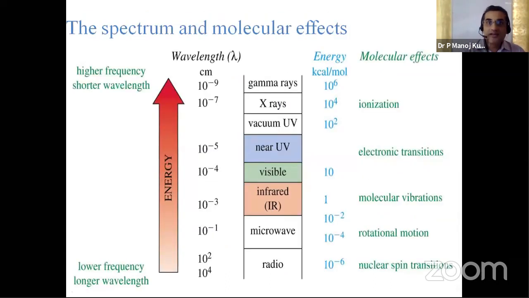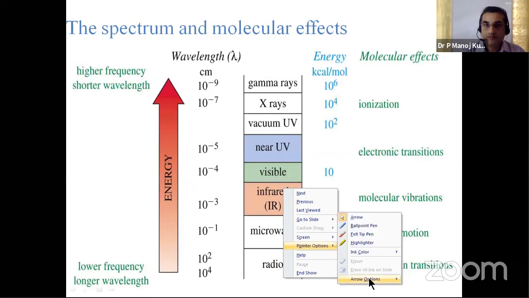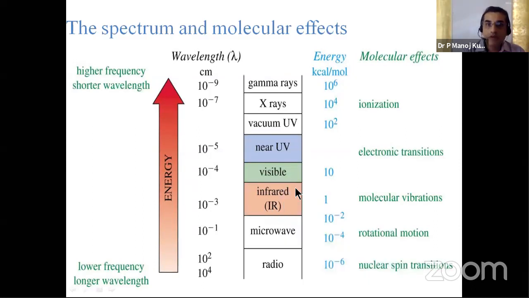I think yesterday's speaker highlighted this particular slide, telling what different types of radiations do to a molecule. So we are coming to this particular part of the spectrum, wherein the molecule can undergo excitation in the vibrational level.